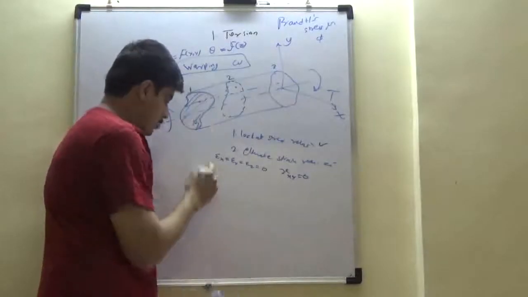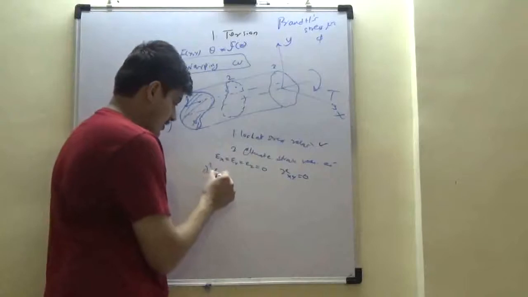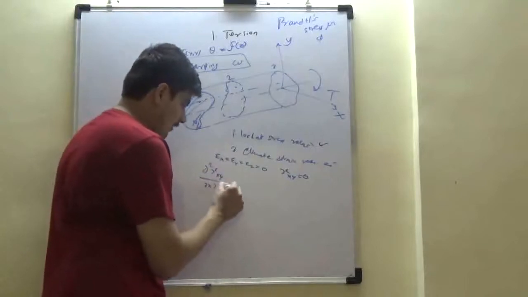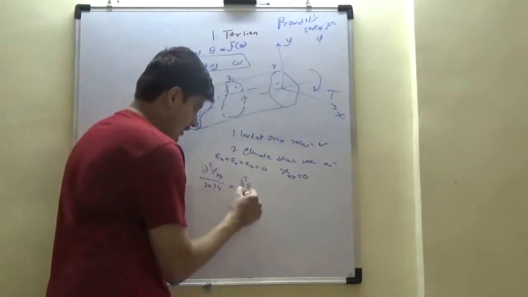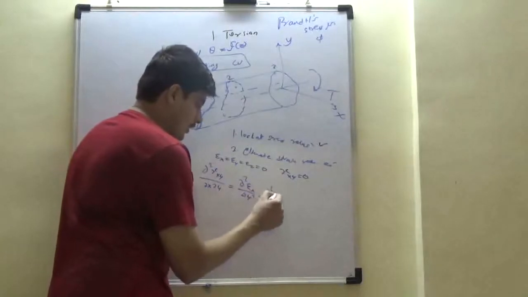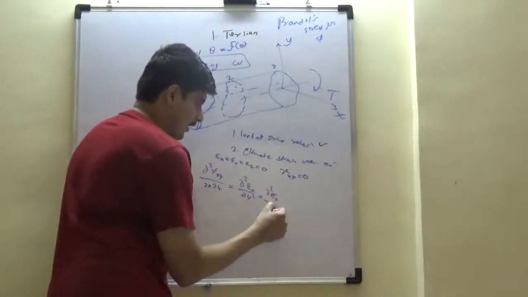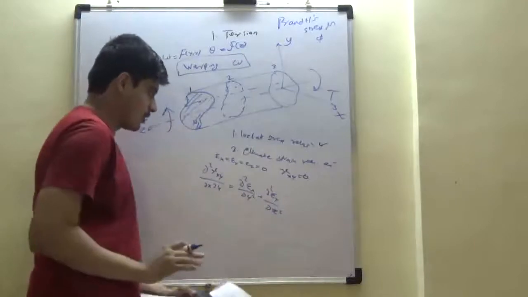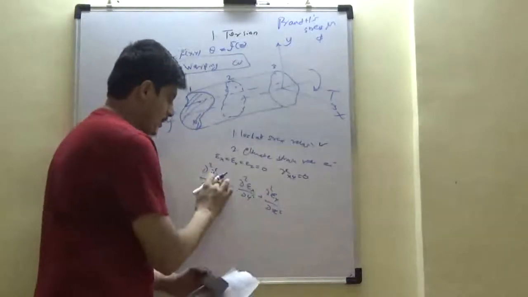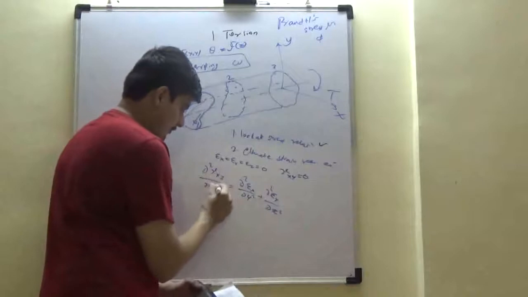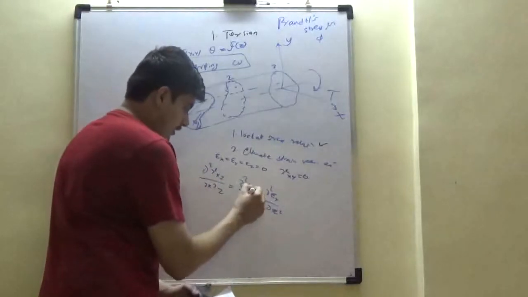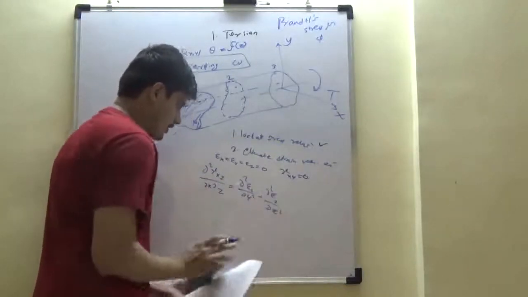Now, if we invoke our original equations, which is del square gamma xy upon del x del y is equal to del square epsilon x upon del y square plus del square epsilon y upon del x square, and so on, these relations are automatically getting satisfied. But if I make it xz, then this is del square epsilon z, all of this.